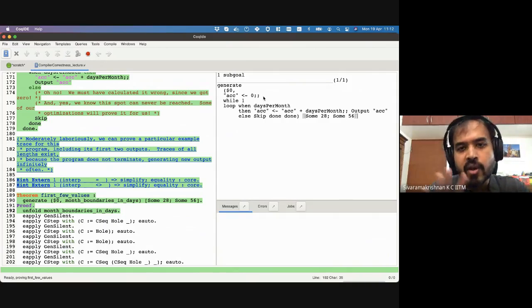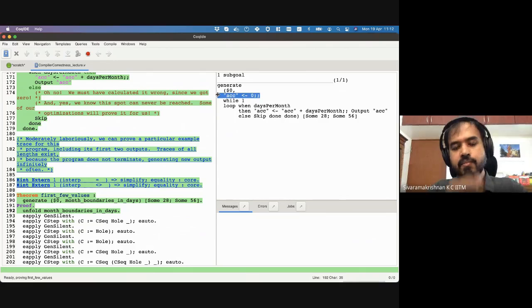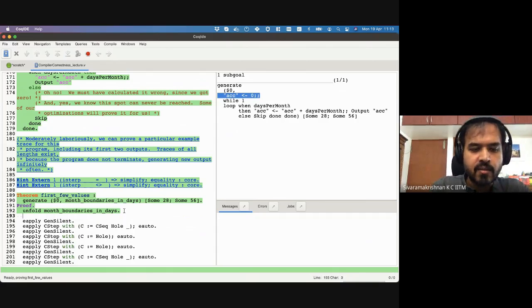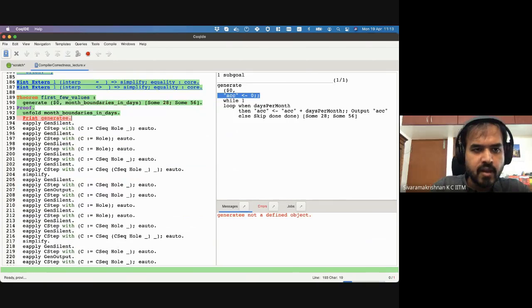So if you look at the execution here, I'm going to evaluate this assignment first. And this assignment is not going to produce an output. The corresponding rule in generate is gen silent, right? Just to recall, let's print generate.